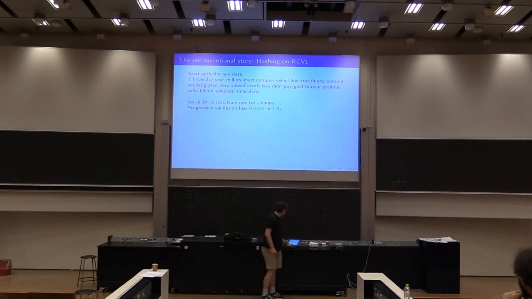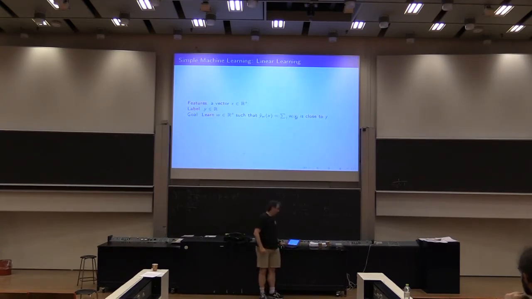So we're just learning a linear predictor. We want to find weights such that the sign of the sum over i of w_i x_i is equal to the label. The label is either plus or minus 1.